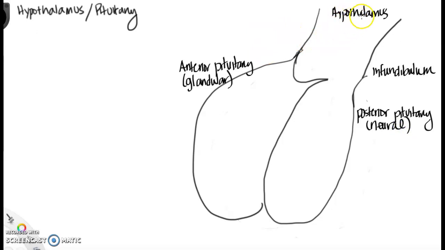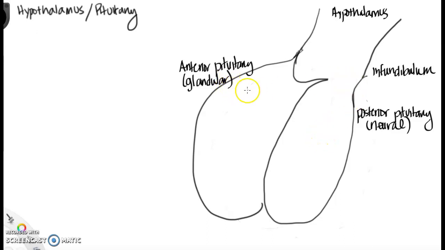And up here I have the hypothalamus, and you can see that the posterior pituitary is really just an extension of the hypothalamus. They call the pituitary gland the master gland, but the pituitary gland doesn't do anything that the hypothalamus doesn't tell it to do.